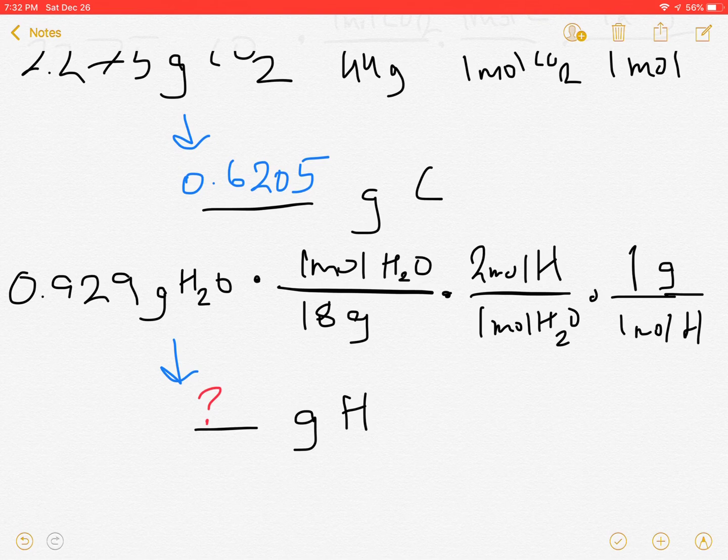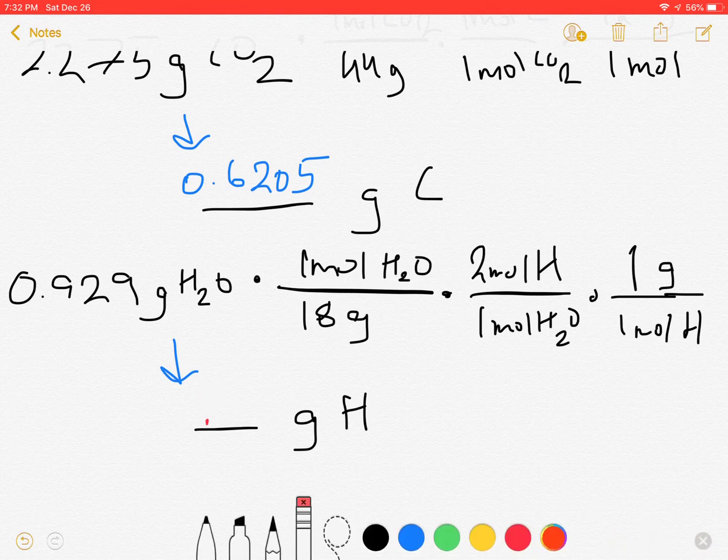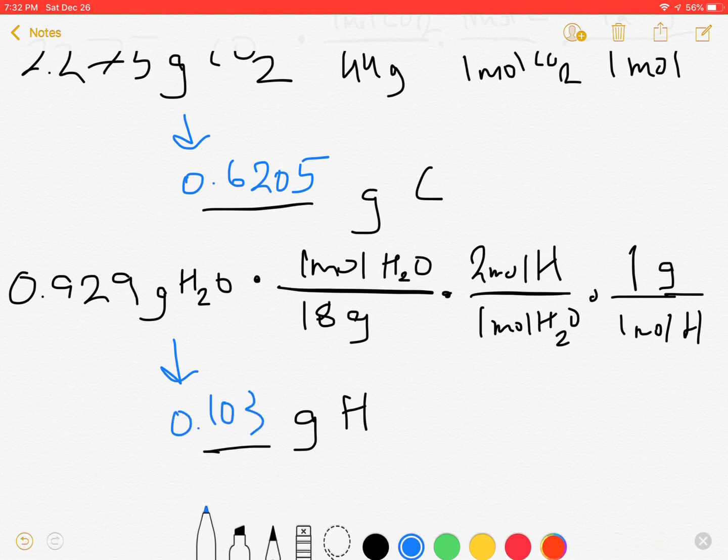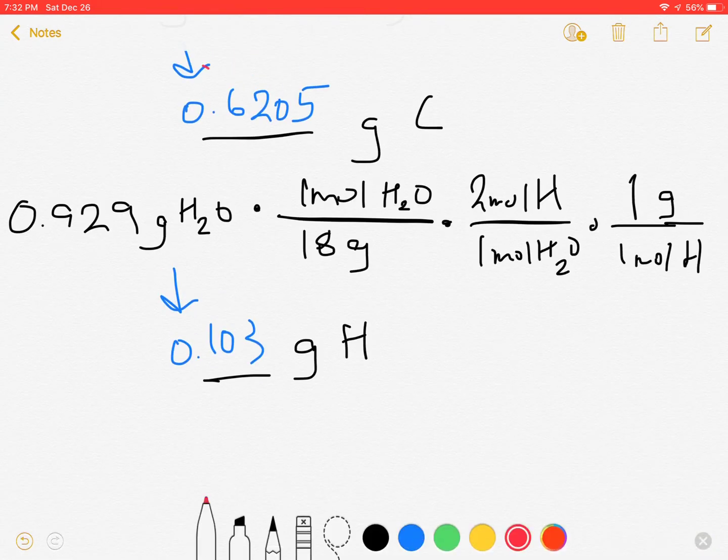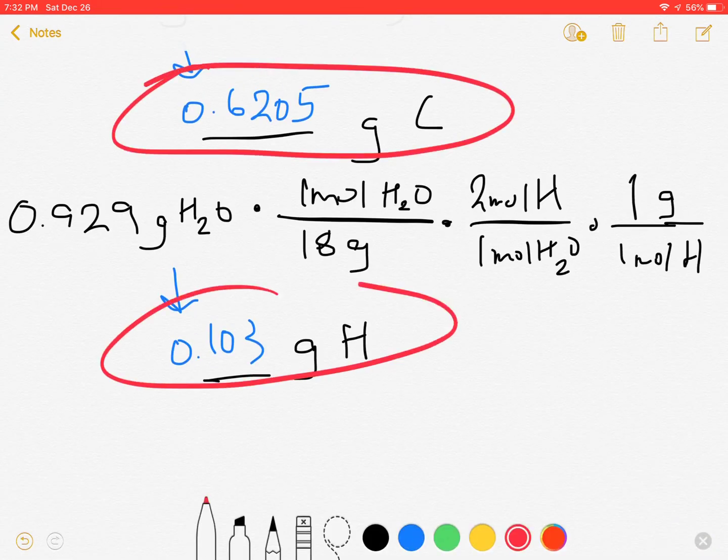So now let's go through and multiply everything. So we had 0.929 times 2 times 1, and then we divide that by 18, and that gives us 0.103 grams of H. So now I'm going to write down all the values that we got right here and right here.